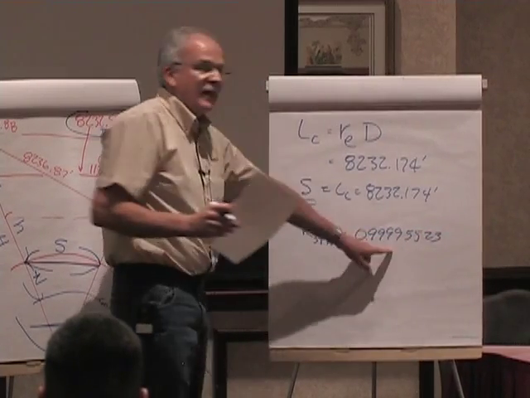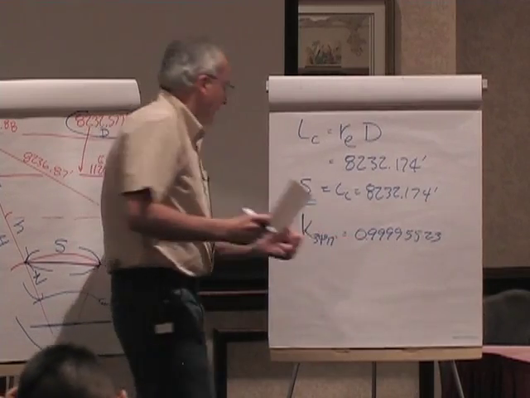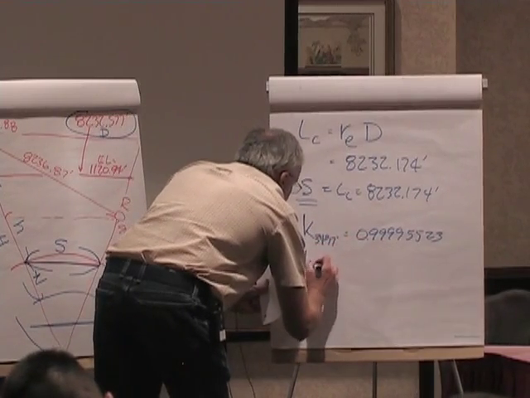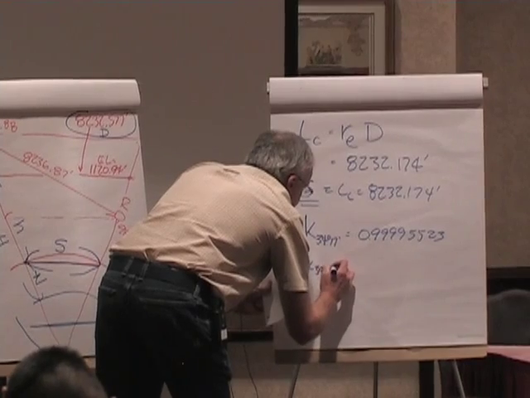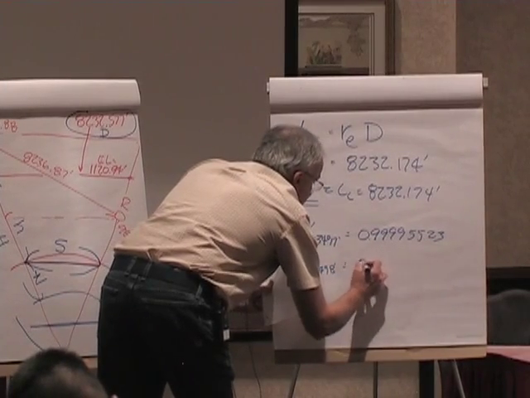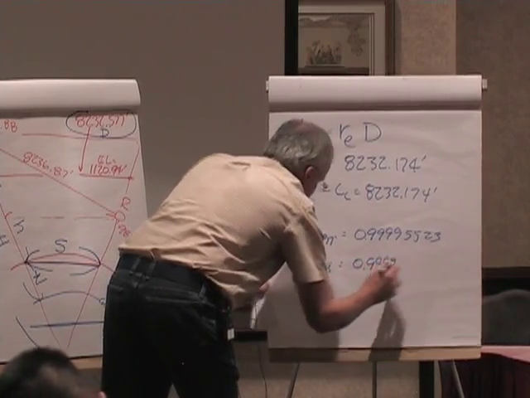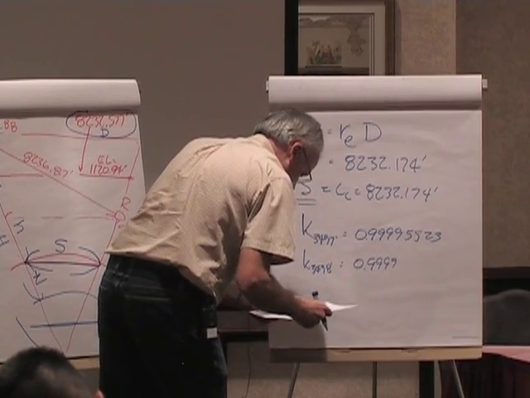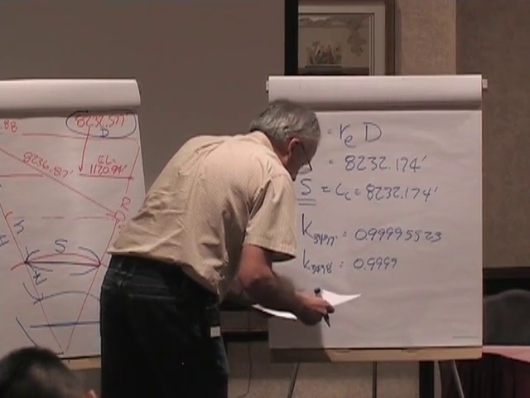Can everybody find that number? And then for the small k for 34 degrees 18 minutes, 0.99995292.